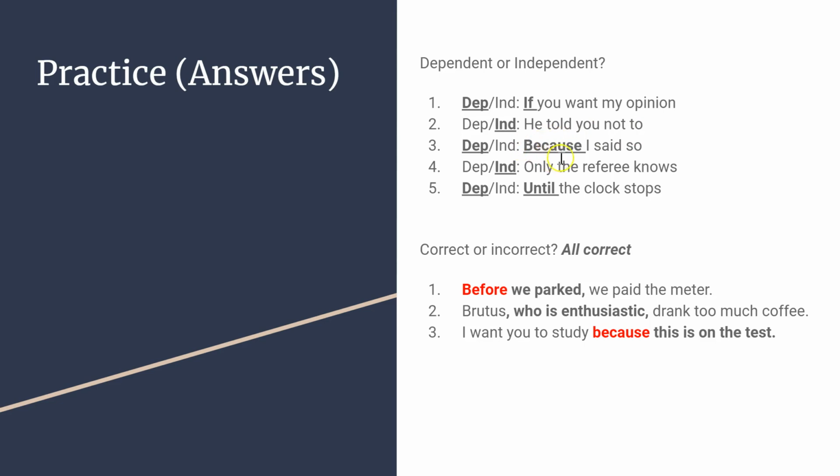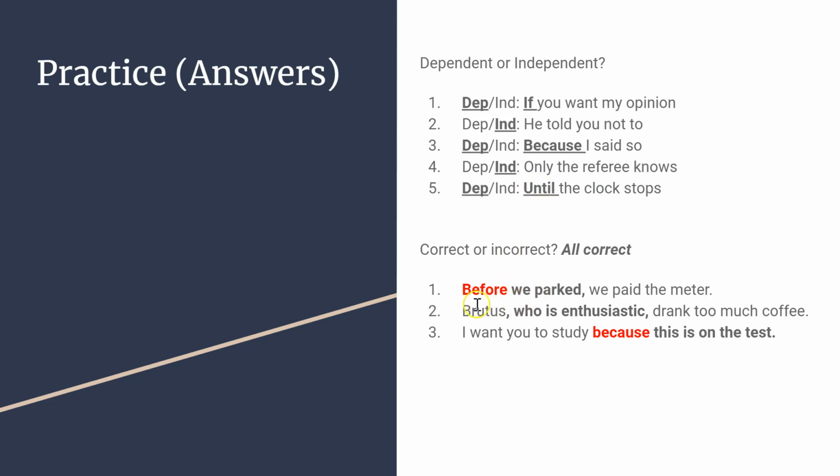"Because I said so" might sound kind of complete because it's sassy and we say it in dialogue, but it's technically dependent because, again, of that awubis word. "Only the referee knows" is independent, okay? But "until the clock stops" is dependent, because until is one of those subordinating conjunctions, okay?